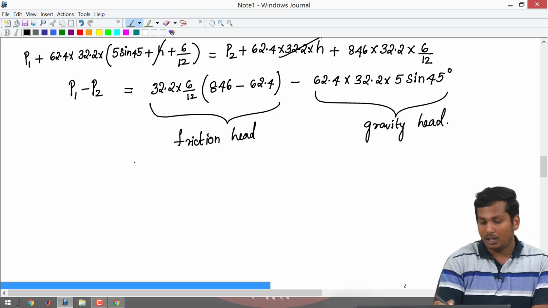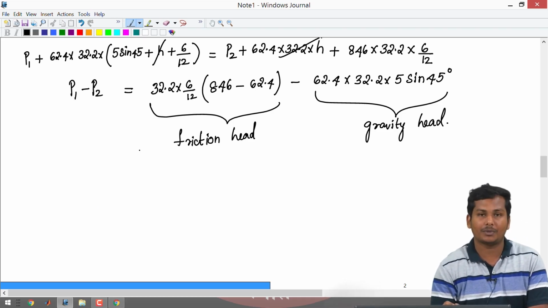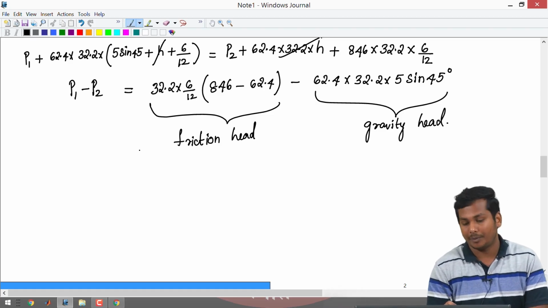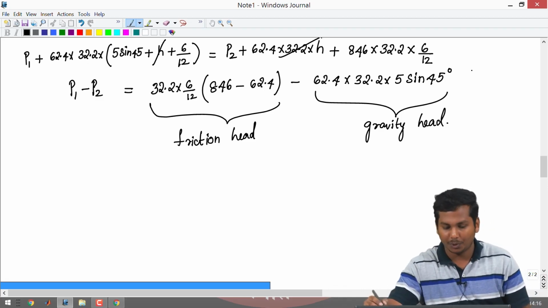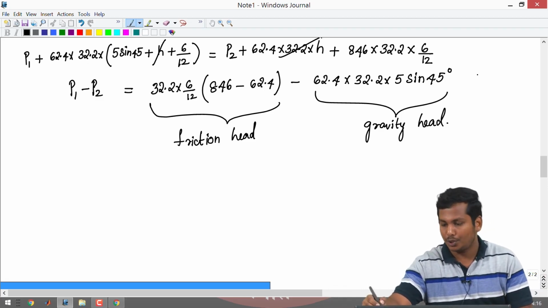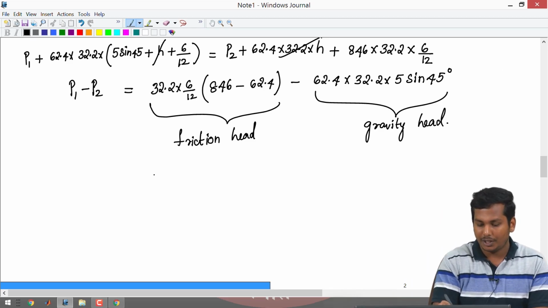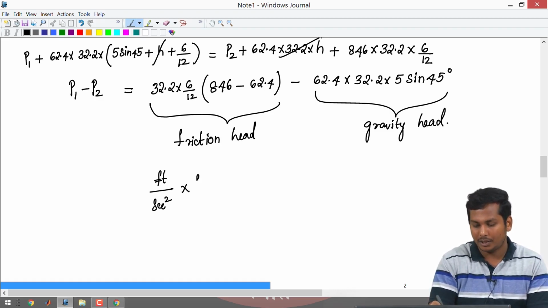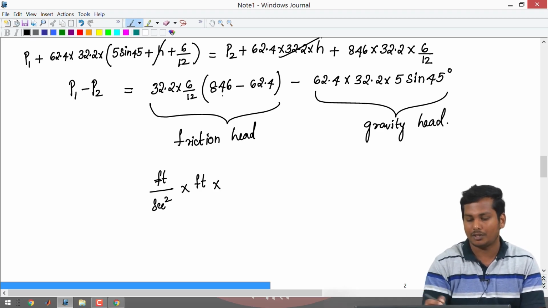Now, if you see the question clearly, it asks to calculate P1 minus P2 in terms of LB force per inch square. We will look at the units of this P1 minus P2. 32.2 is feet per second square, times 6 by 12, which was in inches and we have converted that to feet, and 846 minus 62.4 correspond to the densities of mercury and water.